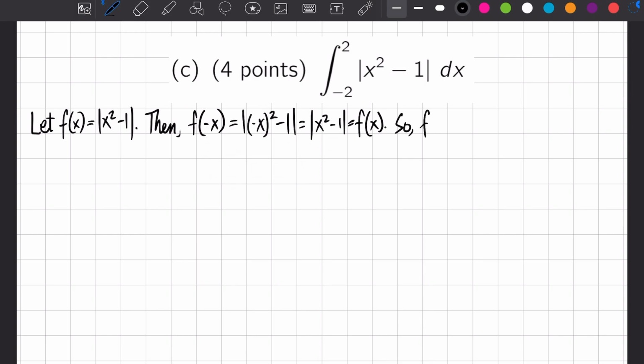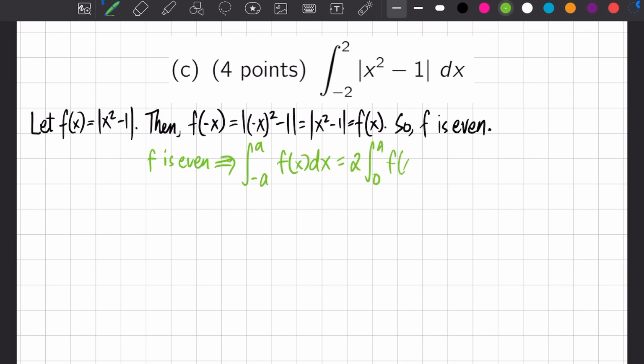So, f is even. And if you recall, if f is even, then that means the integral from negative a to a of f of x dx is just the same as twice of the integral from 0 to a of f of x dx.